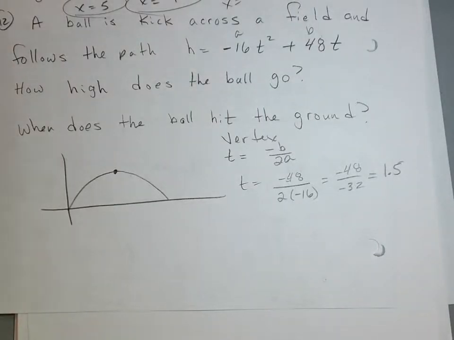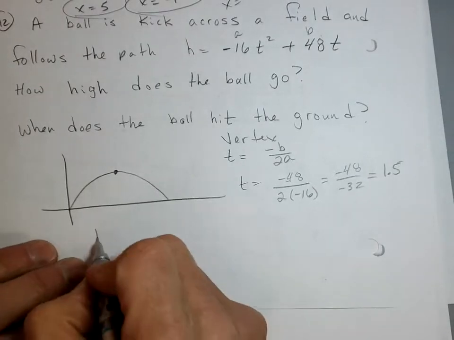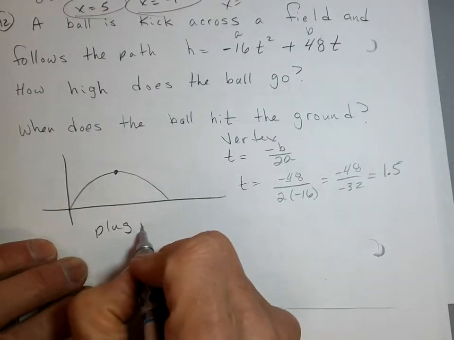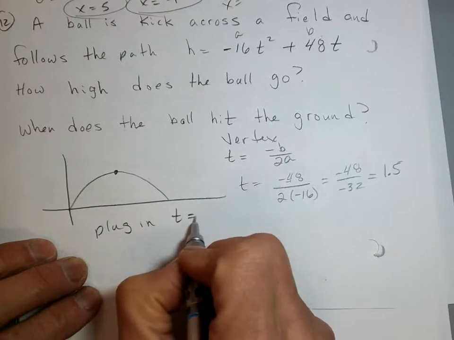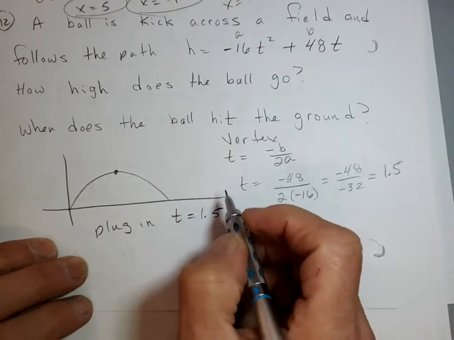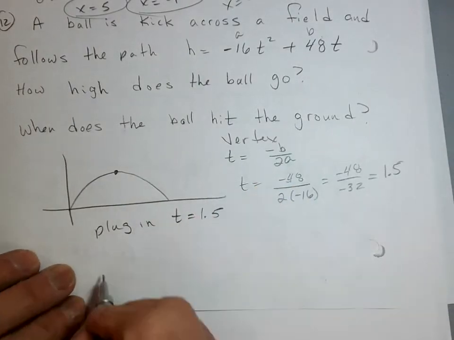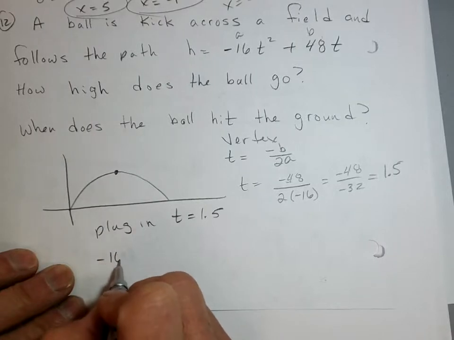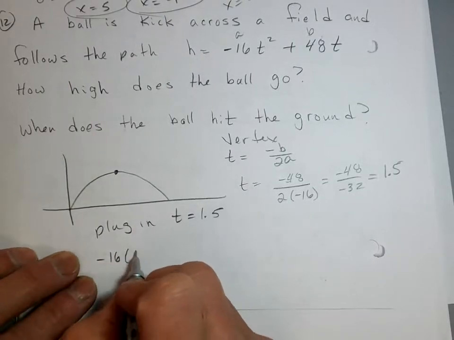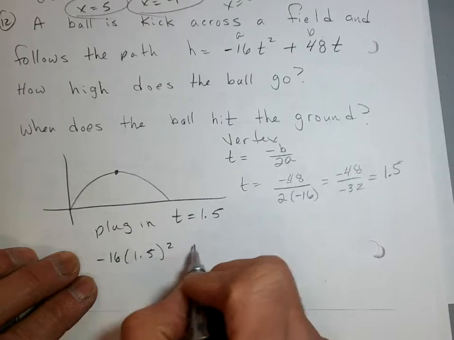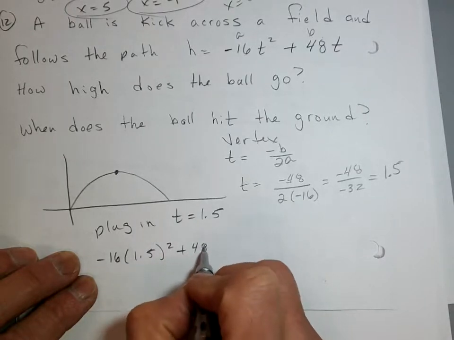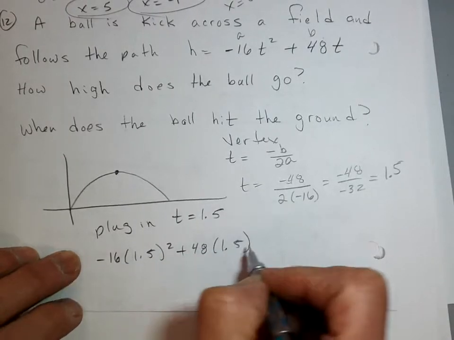So we plug it in. Plug in t equals 1.5, okay? And we're going to go negative 16 times 1.5 squared plus 48 times 1.5. Landon, I'll borrow your calculator.